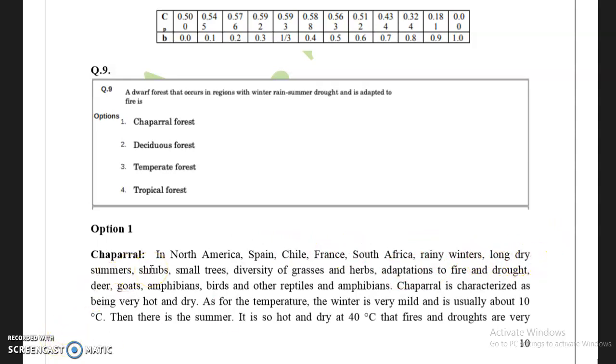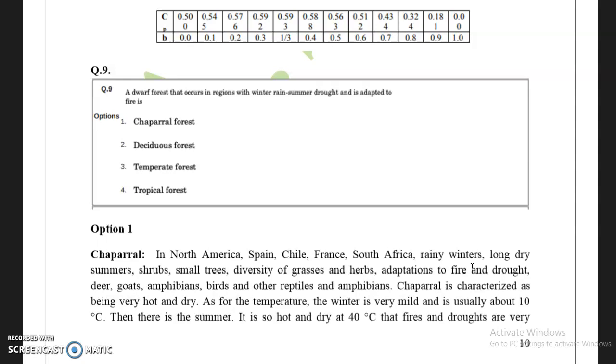So this forest, which we call dwarf forest, or at times vegetation, has shrubs or small trees or various herbs, adapted to fire. How? Because when these regions have long and dry summers, fire is caught very easily and immediately.